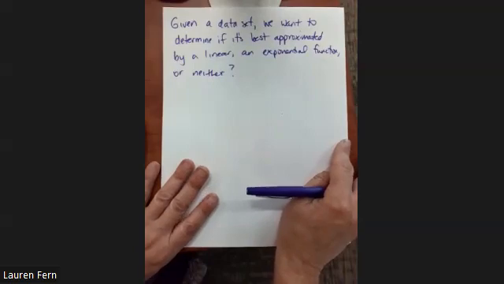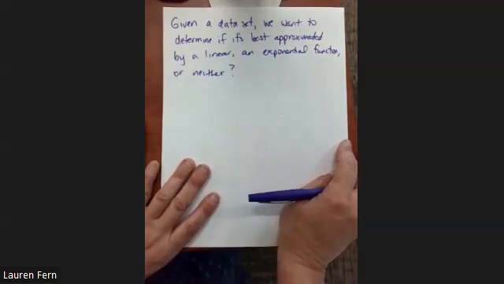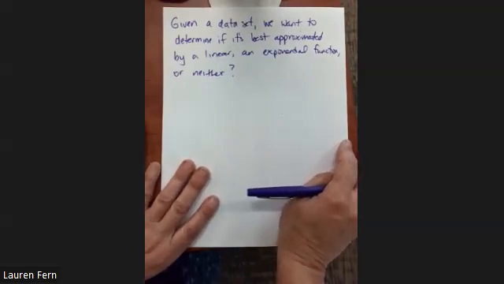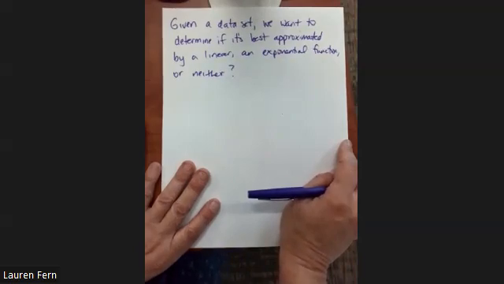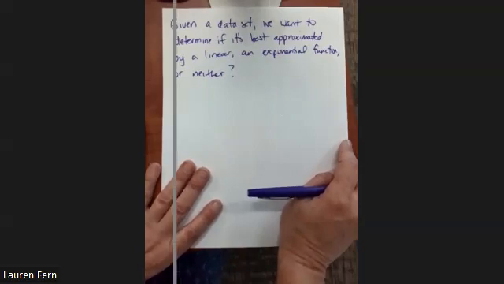So if you're given a bunch of data, how can you tell whether it's linear, exponential, or neither one of them? I mean, there are, you know, a ton of different sort of functions.